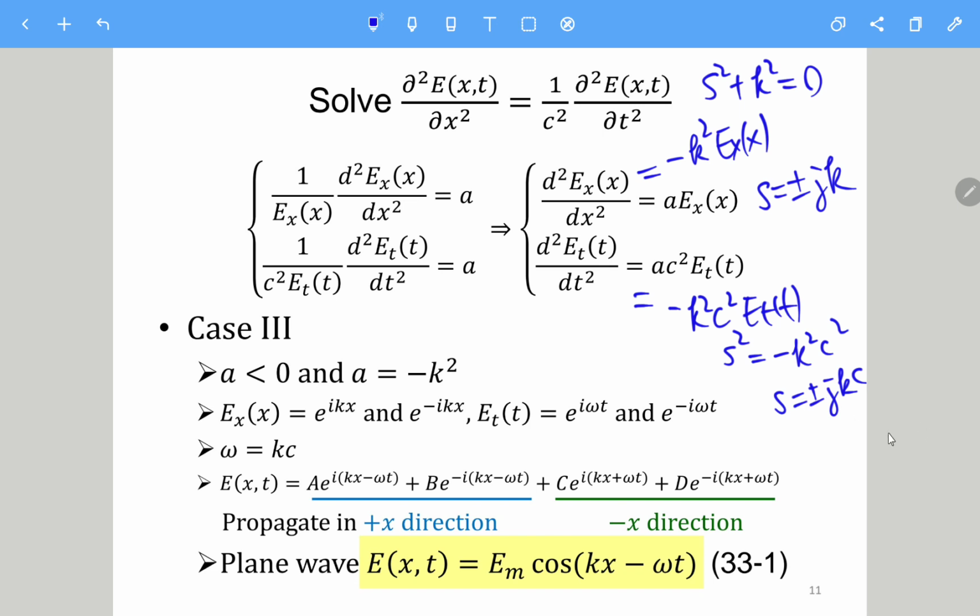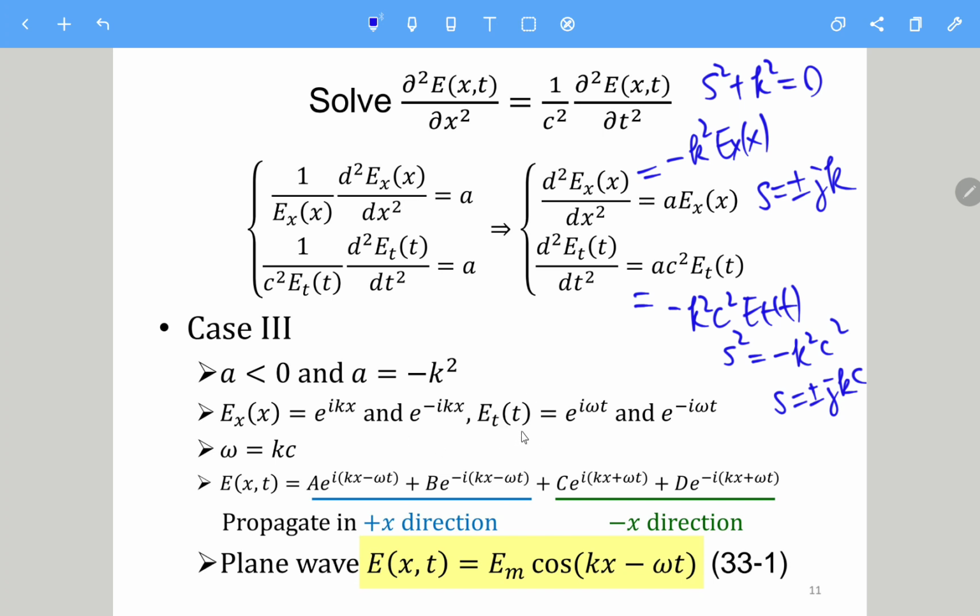Okay, so for this one we have s equal to plus or minus jk, which is a complex solution, which means that we have the solution like this. Still I'm using i here; i is actually j. So exponential to ikx or jkx, exponential to negative ikx, which is similar to what you see in the signal system.